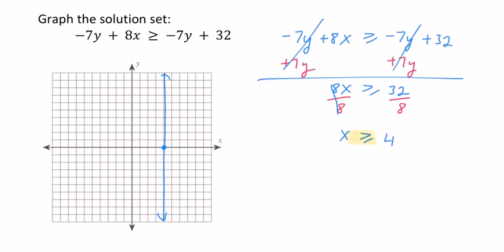X is greater than or equal to 4, so it's on this side. So here, we want to shade the right side.